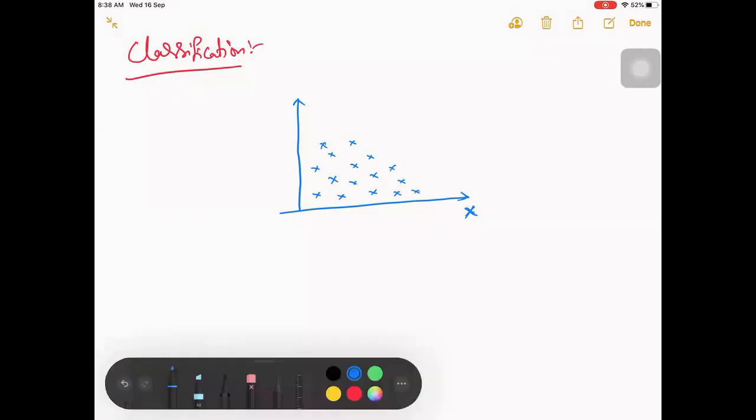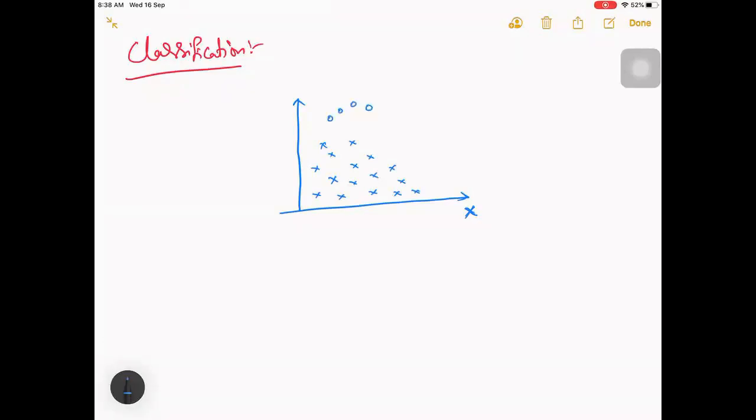And you are also plotting the other people. Let's say I have plotted some crosses and some zeros, right? Initially we have plotted x here, taking the parameters we got from our blood test.